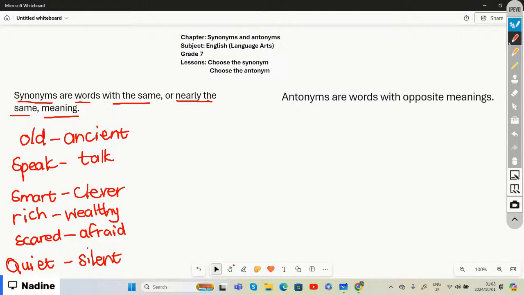All right. Then we have antonyms. So these are but a few examples first of synonyms. It is words with the same meaning or words with nearly the same meaning. But now we have antonyms, and antonyms are words with opposite meanings. It is the opposite of what the meaning is.